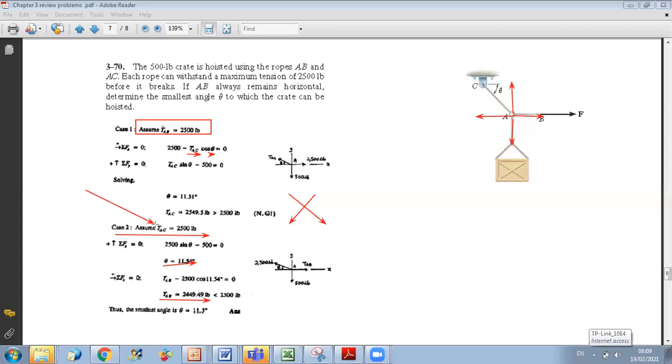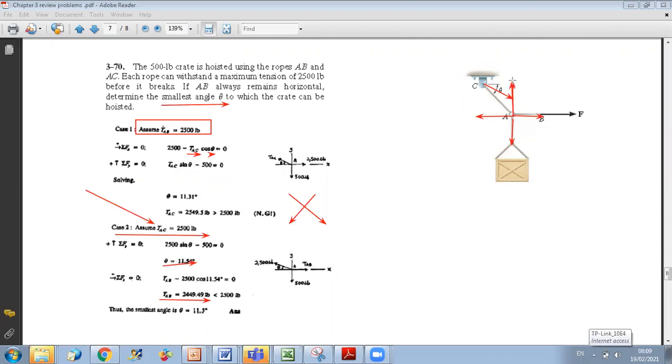Any question on this? And look here, why did they say the smallest angle before rupture? Because as we said last time, when I decrease the angle, in order to maintain equilibrium, the tension should increase, because what will support the weight is the vertical projection of TAC.